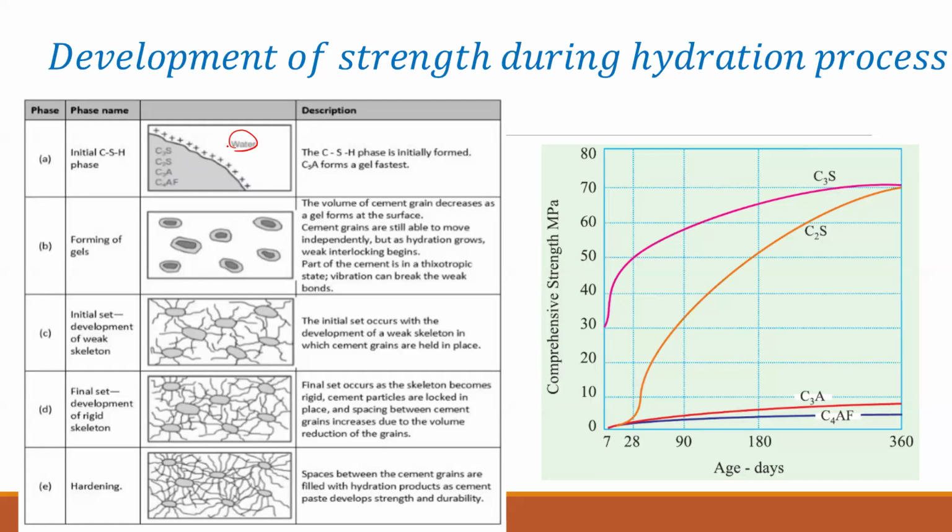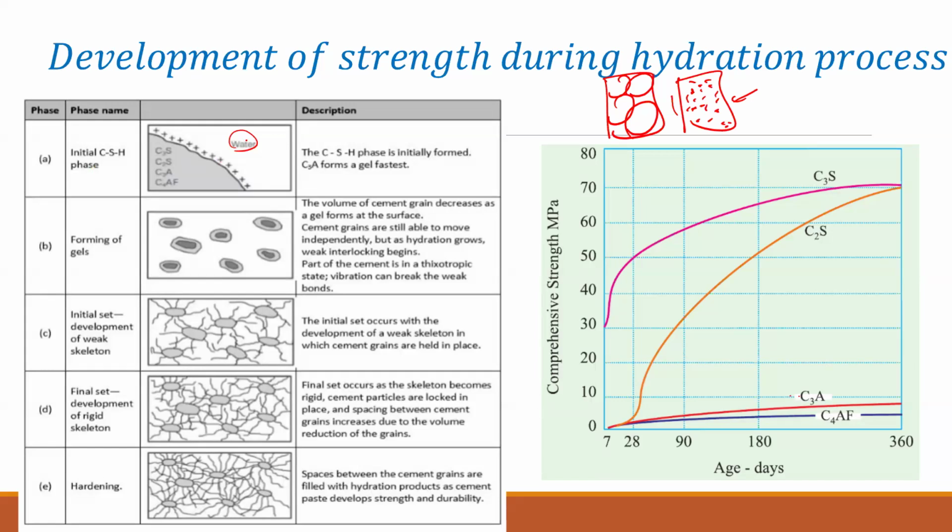When you are baking something, you are using caster sugar because it dissolves easily, because the surface area is high. So if you consider normal sugar and caster sugar, you can see when you add all the surface areas together, this one has a higher surface area. The surface is wetting first and it is reacting faster. So that's why I said when the cement particles are small, this reaction is happening fast.